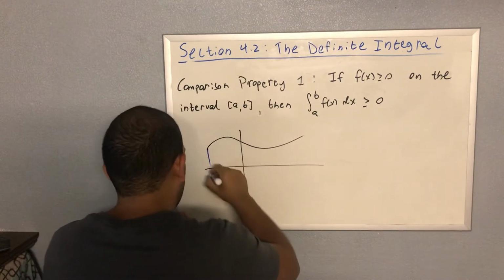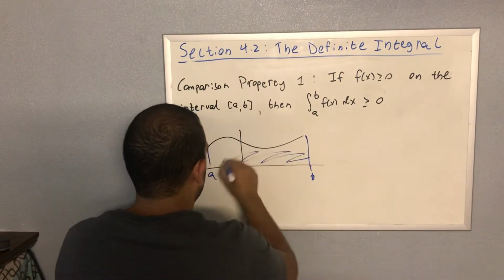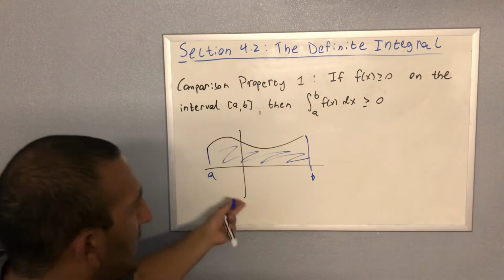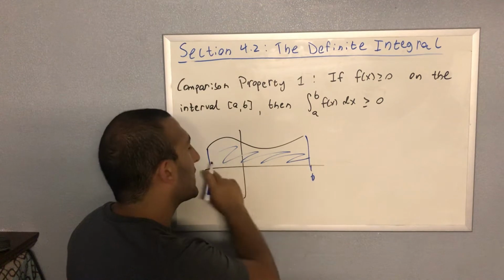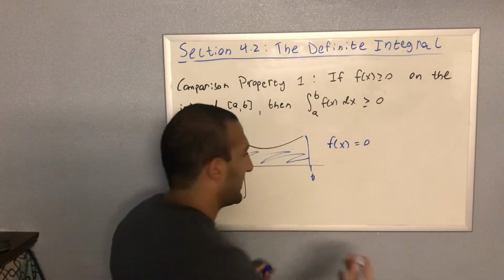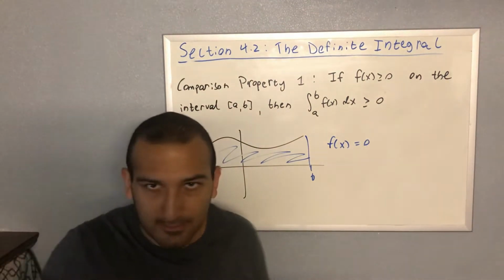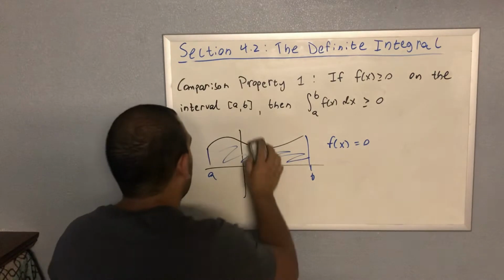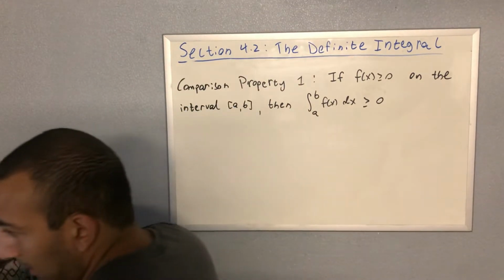So if you calculate the area from A to B, this is definitely positive, or it could be 0, right? If your function is just flat at 0, if it's the 0 function, meaning f of x literally equals 0, then your area will be 0. But besides that, this is all that can happen. So, not too bad. Okay.